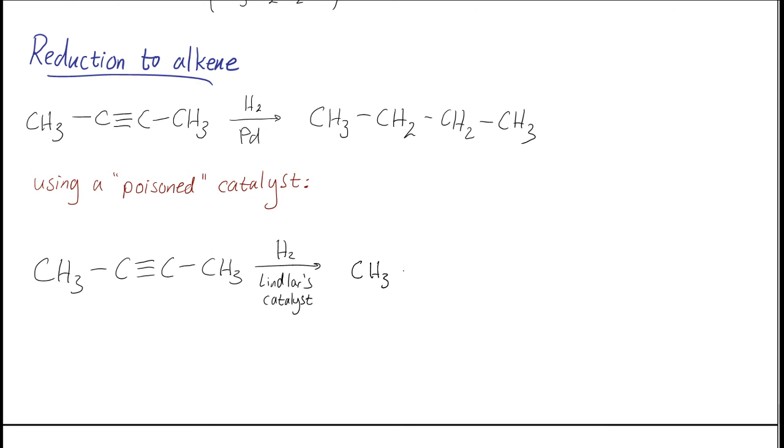And if we do the reaction with that catalyst, we can actually make the alkene. It is, again, a syn addition, so it ends up being a cis product, a cis alkene.